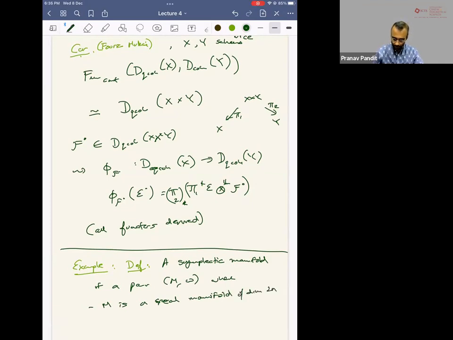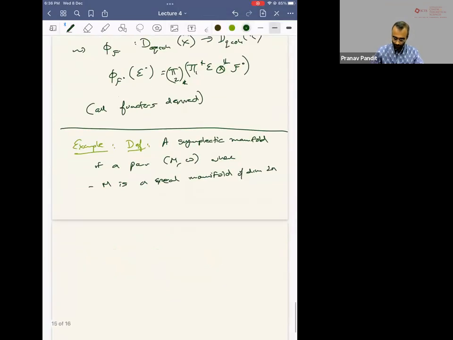I don't have to assume this, it will be a consequence of the definition that it has to be of even dimension. Omega is a two-form which is non-degenerate, which means that omega-flat at any point from T_p M to T_p dual M is an isomorphism.